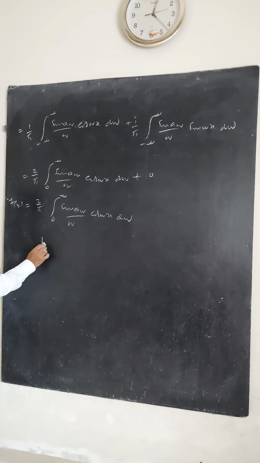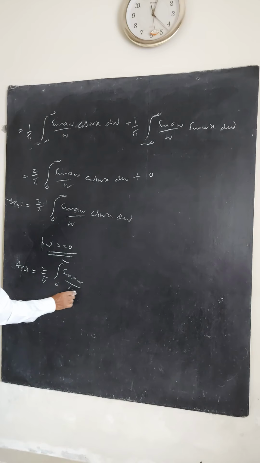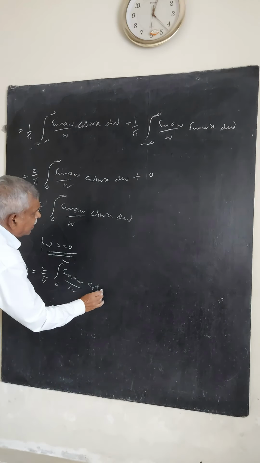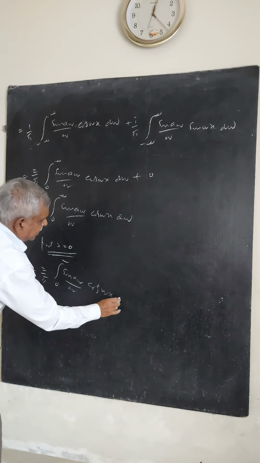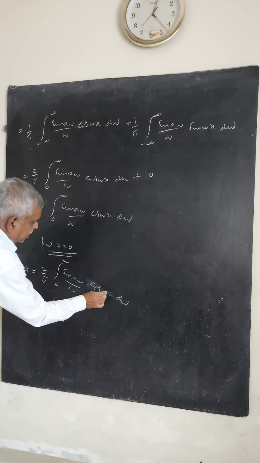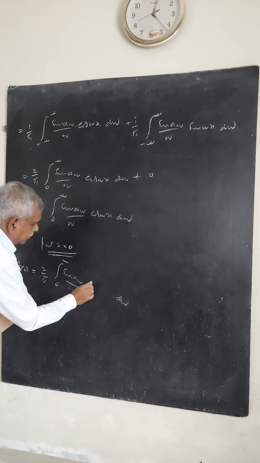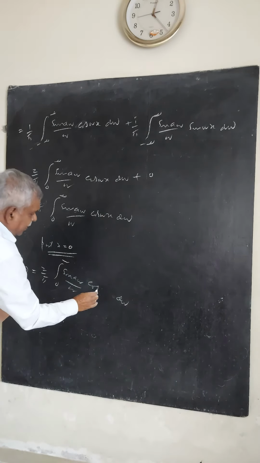Here put x equal to 0. f of 0 equals 2 by pi, 0 to infinity, sin a omega by omega, cos omega x d omega, with cos 0.